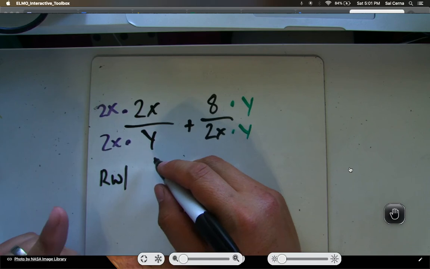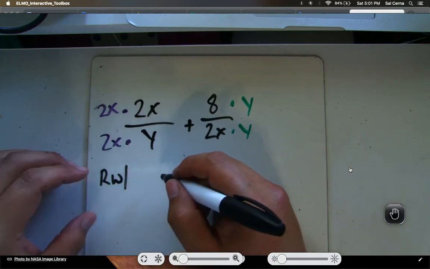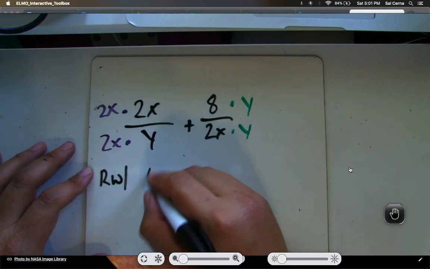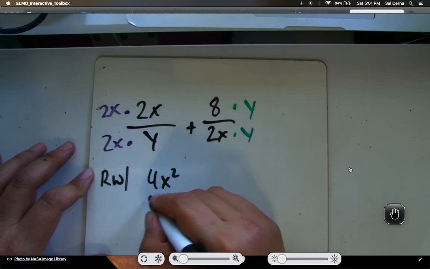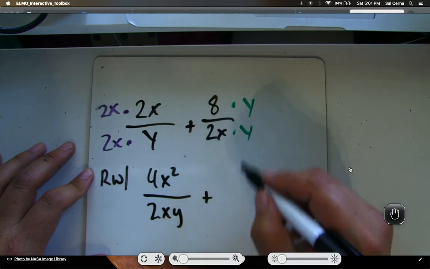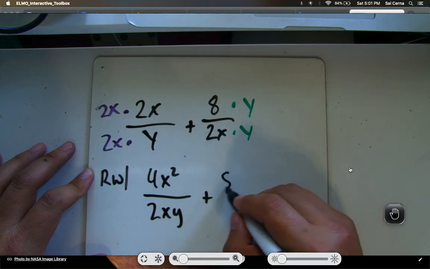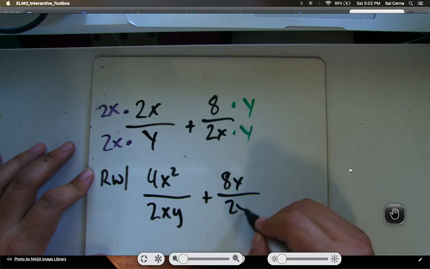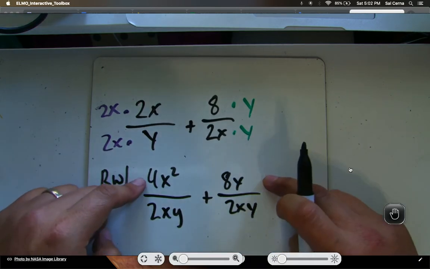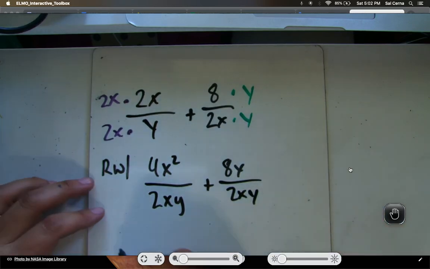It doesn't change my outcome, but it does change the appearance of my rational expression. 2x times 2x is 4x squared divided by 2 times xy, plus 8y divided by 2 times xy. These are identical.